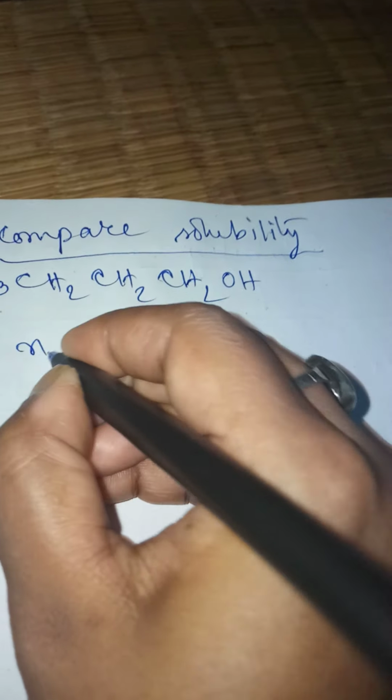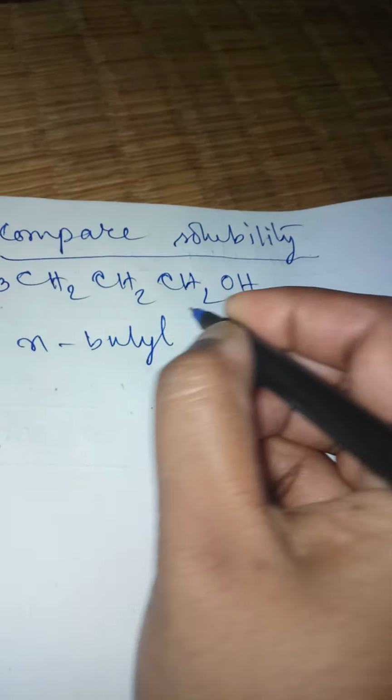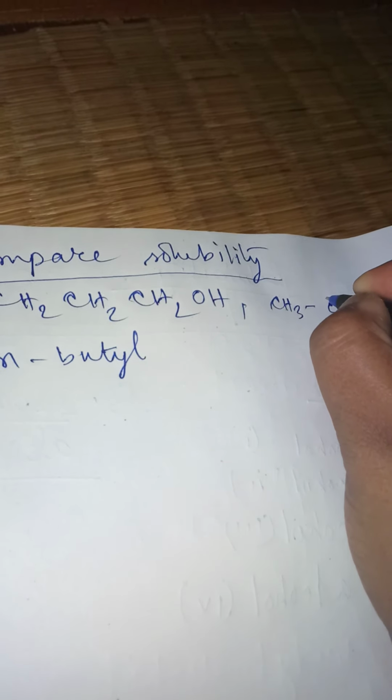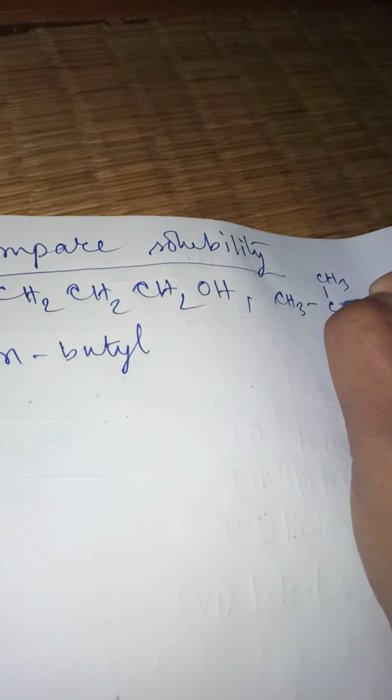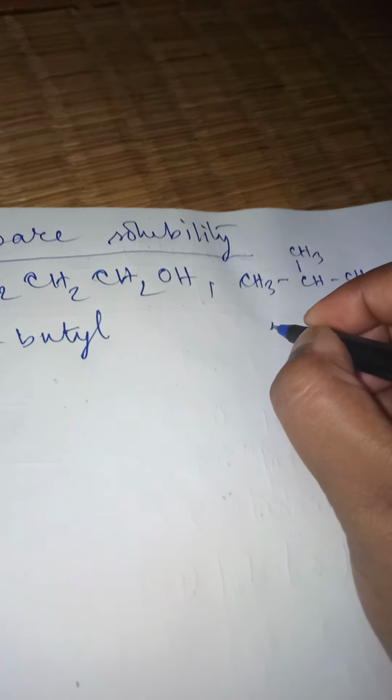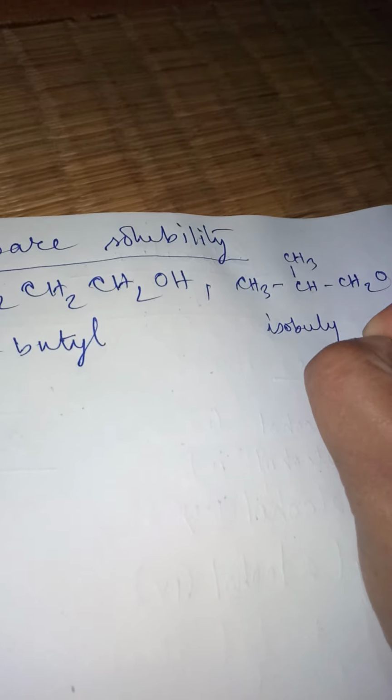CH3CH2CH2CH2OH, normal n-butyl alcohol. Next is (CH3)2CHCH2OH, isobutyl alcohol.